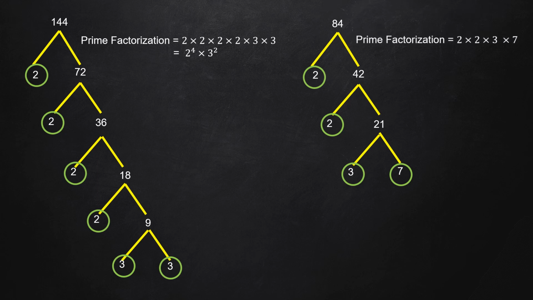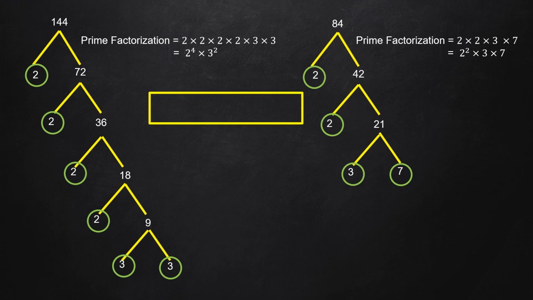Again, write the prime factorization, 2 times 2 times 3 times 7, and simplified it becomes 2 squared times 3 times 7. Now, you must make the prime factorizations of 144 and 84 like that.